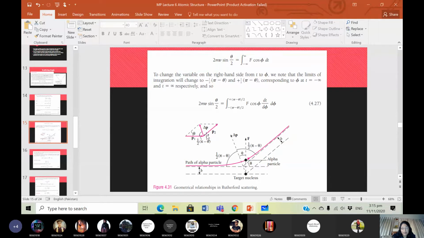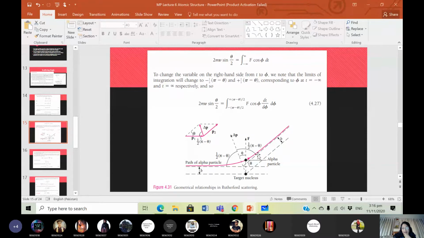We make a parallelogram like this here, in which this is P1 and this is P2, because the parallelogram has parallel sides equal. This side is P1, this side is also P1, this is P2, this side is also P2. Okay? And according to this diagram, this angle over here is equal to half of pi minus theta, because this whole angle is pi minus theta.